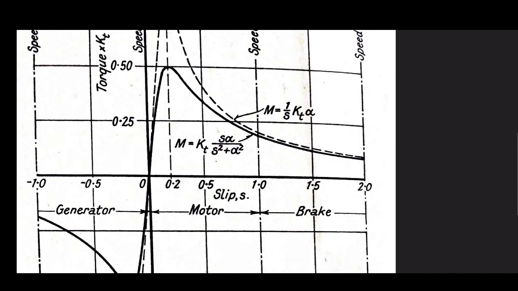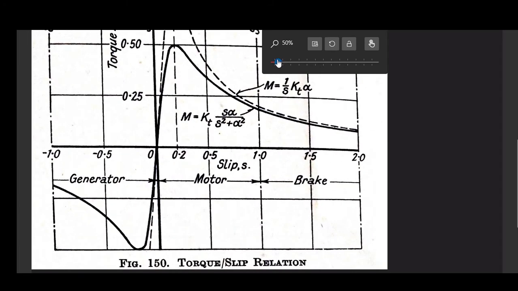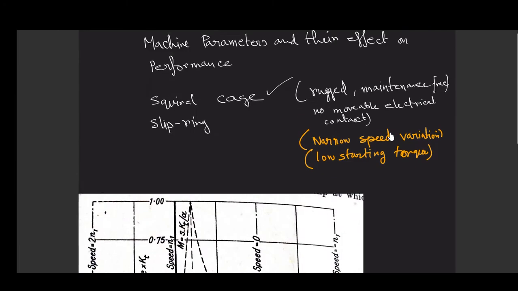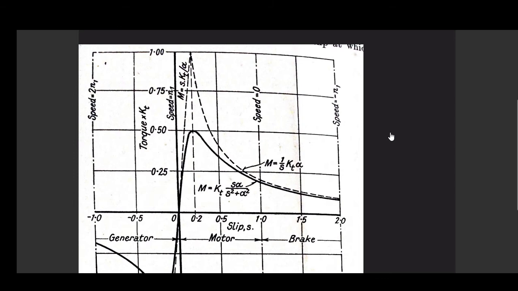Yes, we have our diagram with us. Now see that in this diagram, the slip range is S equal to 0 to S equal to 1. This is the range of your starting torque, right?